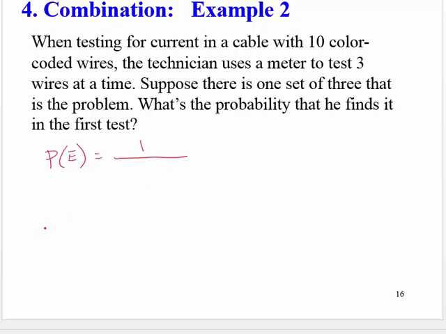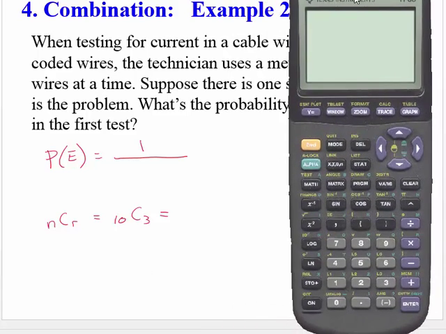Well, does order matter? No, it doesn't, right? He's just testing 3. It doesn't matter the order of those 3. So that would be combination, NCR. For this case, we have 10 of them, and we choose 3.